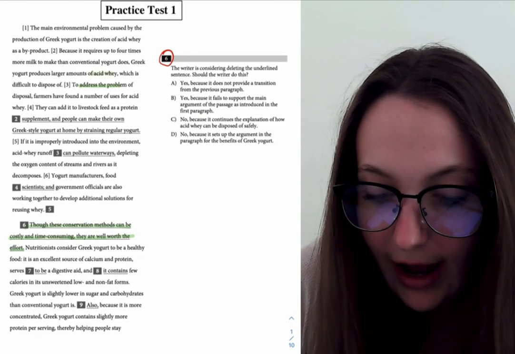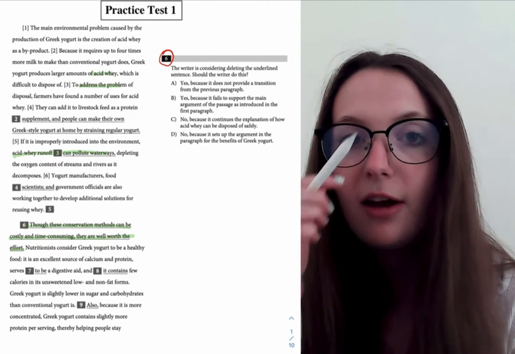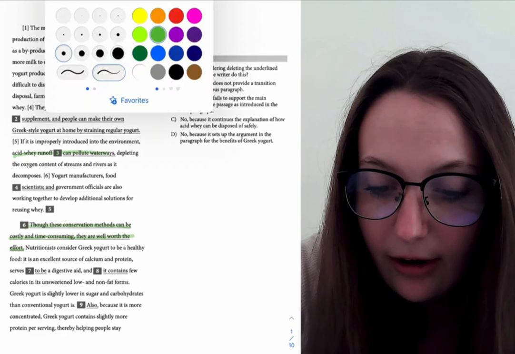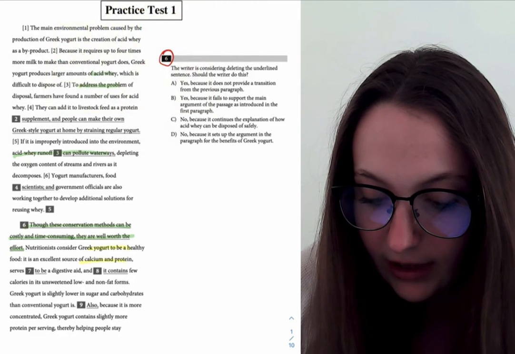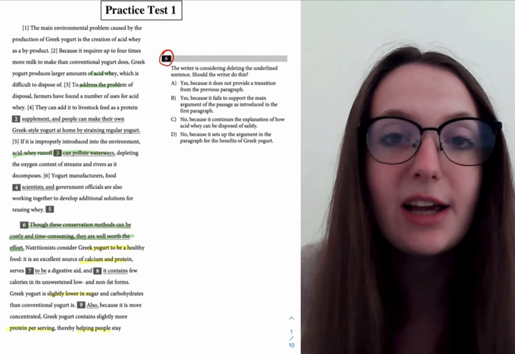We're talking about how it can pollute waterways and all of the problems that come with generating whey when you produce Greek yogurt. The next paragraph is talking about how Greek yogurt is healthy, it's low in sugar and carbs, it has a lot of protein, and it helps people stay full.